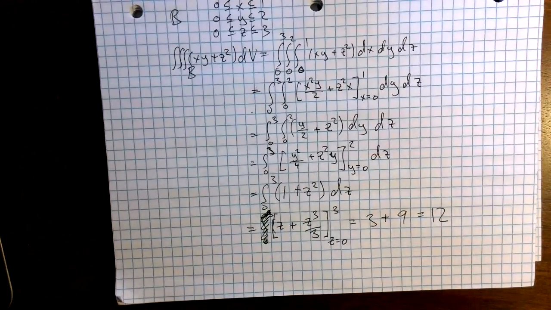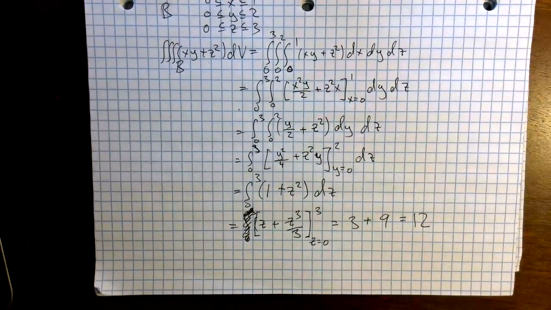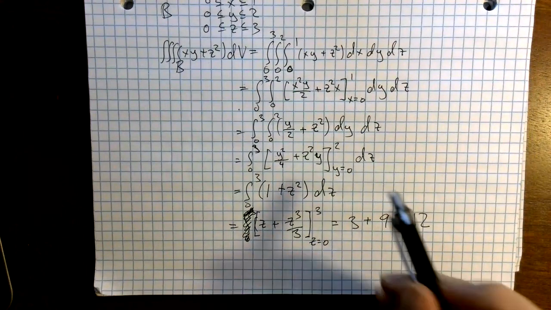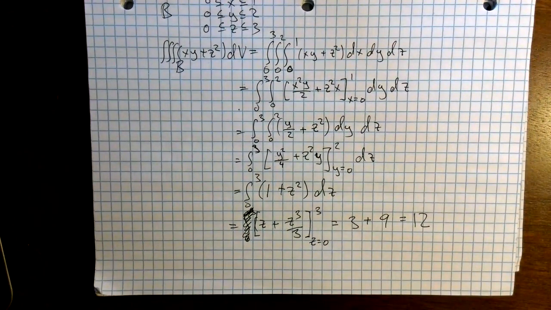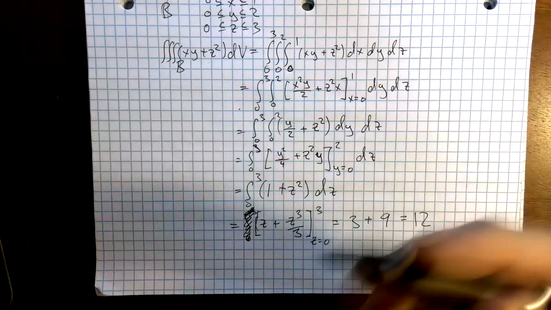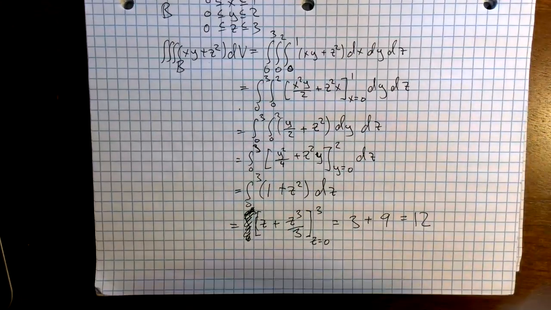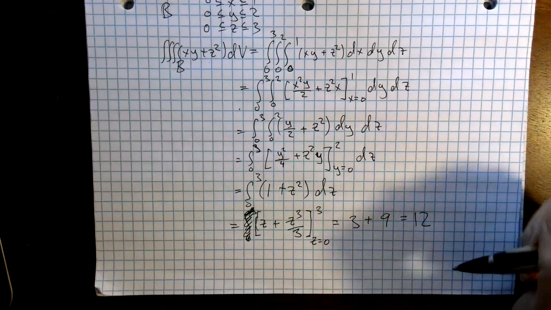Now, maybe something, I don't know if I've mentioned this before, but these iterated integrals, this is where you really have to make sure that you figure out what variable you're integrating with, what you're evaluating, and so on. You really want to label everything correctly, because if you don't, you will make mistakes.